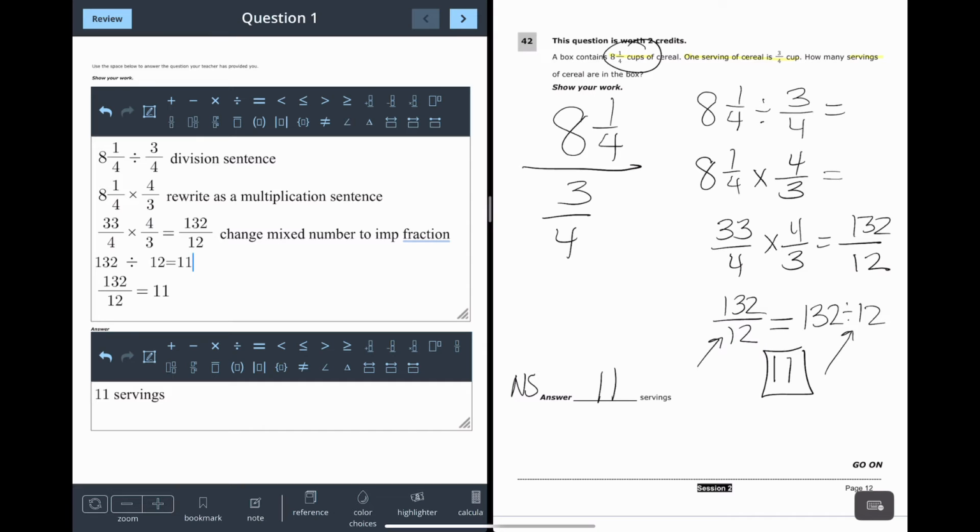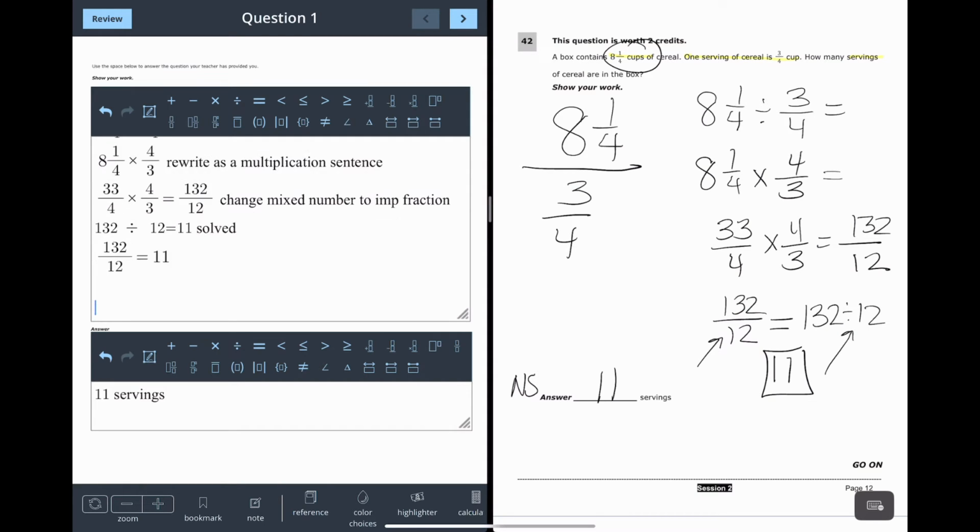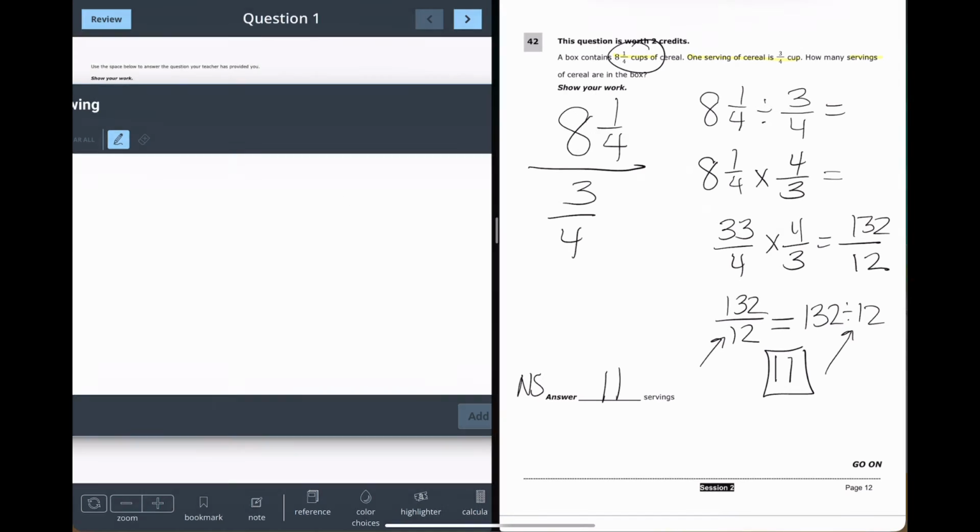I did that, and then I solved. Done. If you wanted to draw it, again, you can just hit that little box.